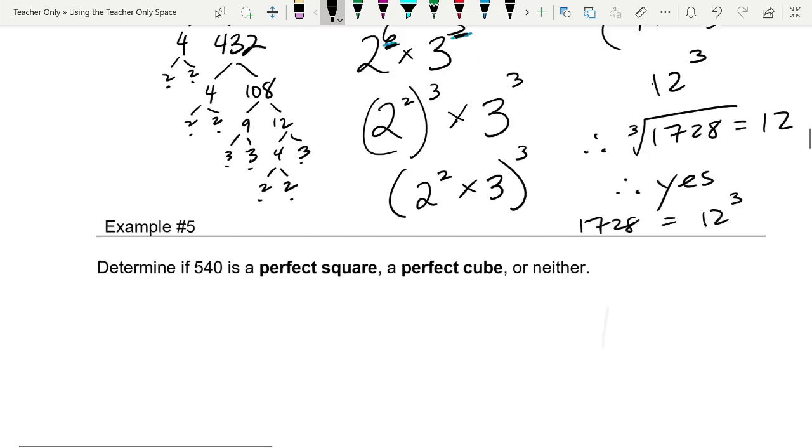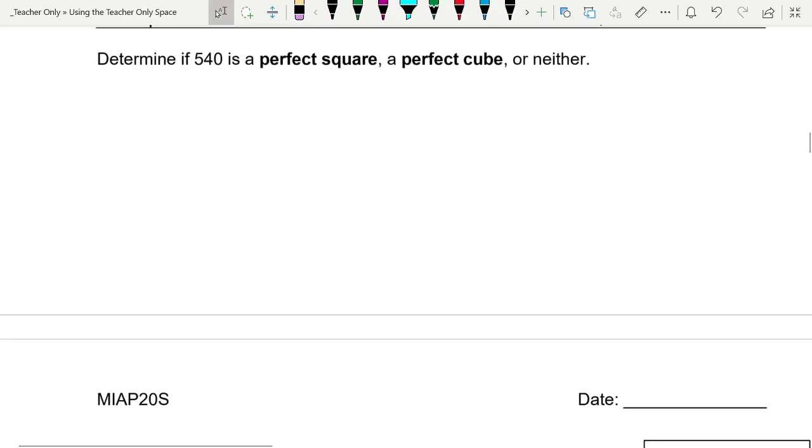So let's see what happens on number 5. Is 540 a perfect square, a perfect cube, or neither? Well, let's make our factor tree. 540 is definitely, it's got a 10 in it. Let's take that out first. There we go. 54 tens. And 54, I believe, is 6 times 9, right?